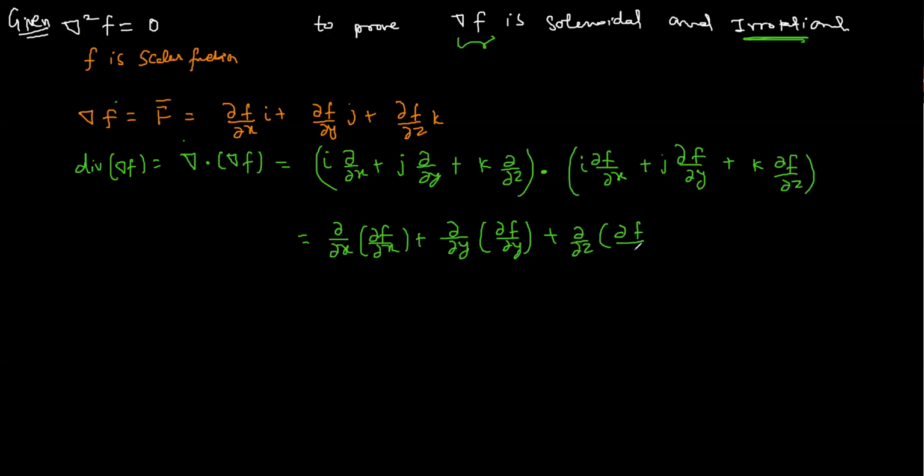But you can see none of the terms are cancelled, right? Then how can you say that this is solenoidal? This is not zero. Is this zero?